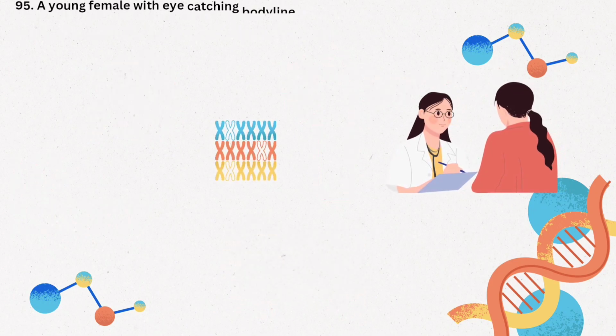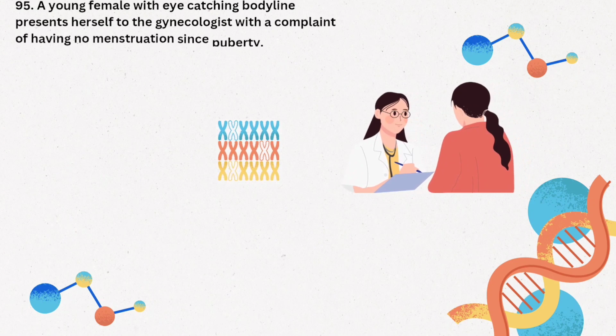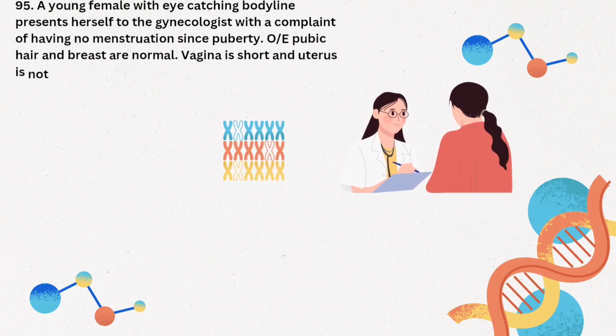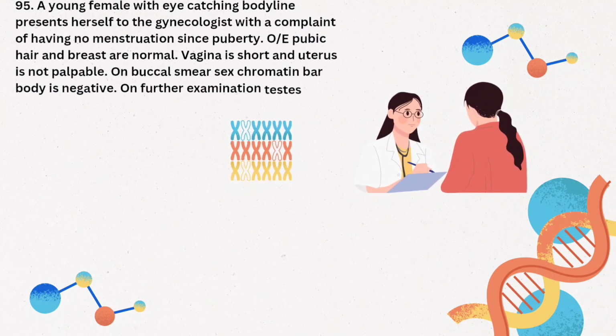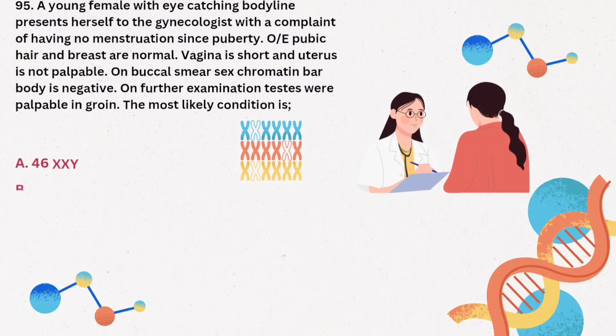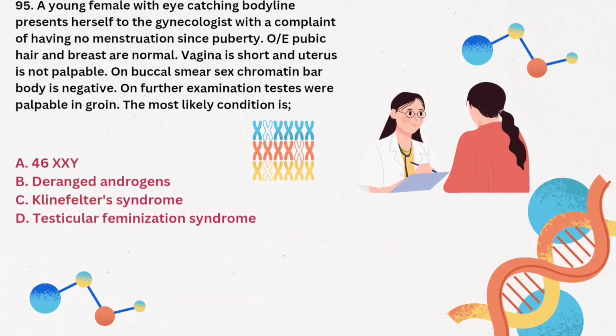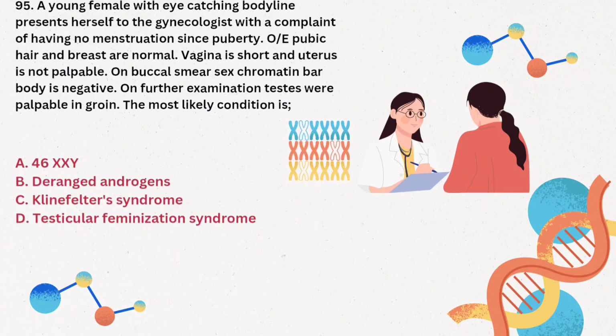A young female with a catching body line presents herself to the gynecologist with a complaint of having no menstruation since puberty. On examination, pubic hair and breasts are normal. Vagina is short and uterus is not palpable. On buccal smear, sex chromatin Barr body is negative. On further examination, testes were palpable and growing. The most likely condition is A. 46XXY.